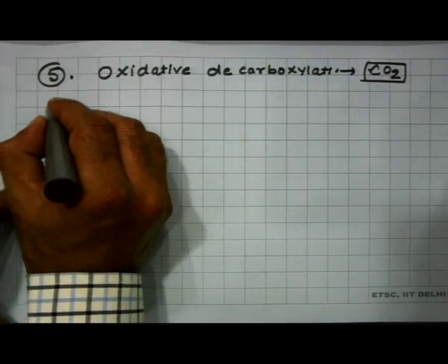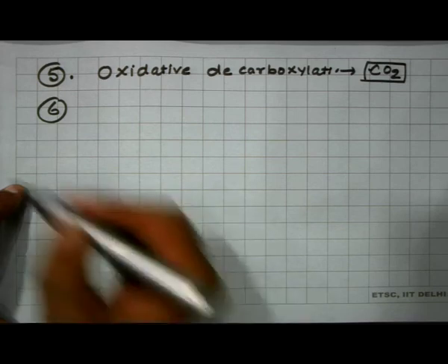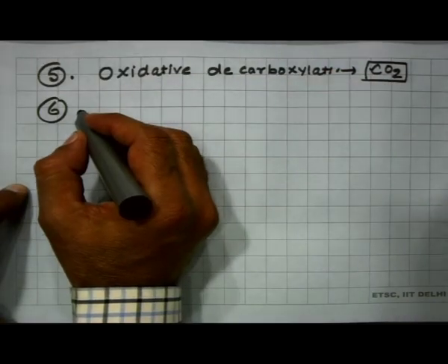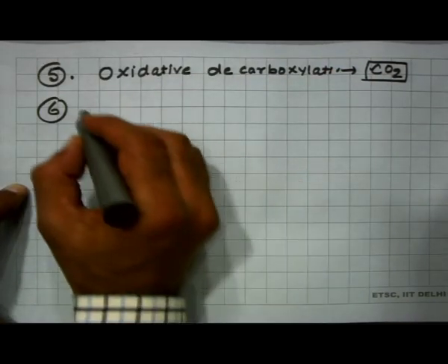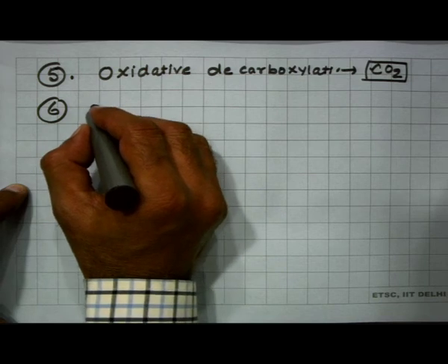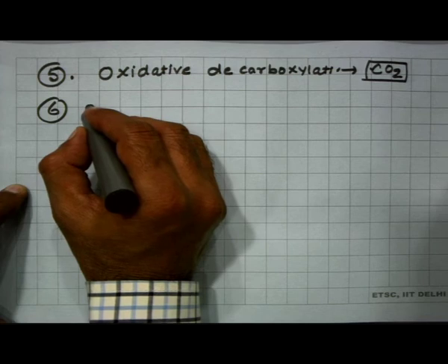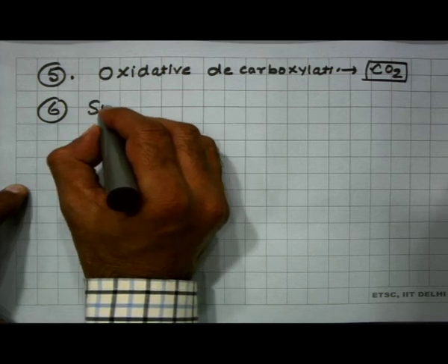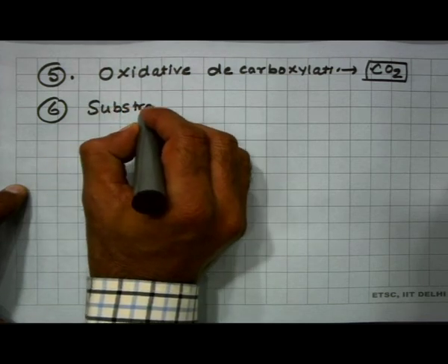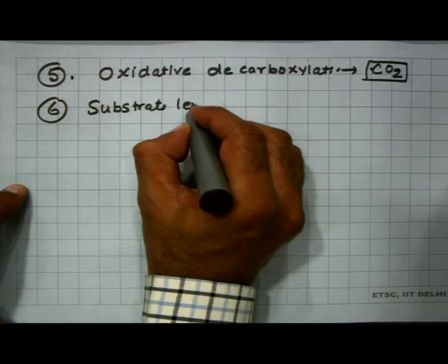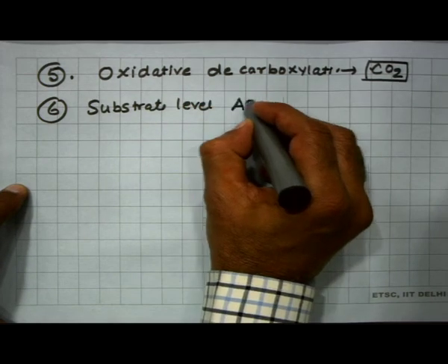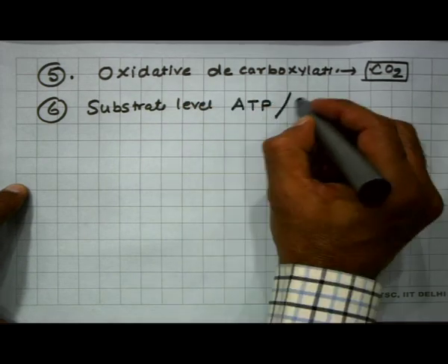Now, the 6th step is very important. Here substrate level ATP synthesis takes place. Here GTP is formed, which is finally converted into ATP. So, the 6th reaction is substrate level GTP synthesis.